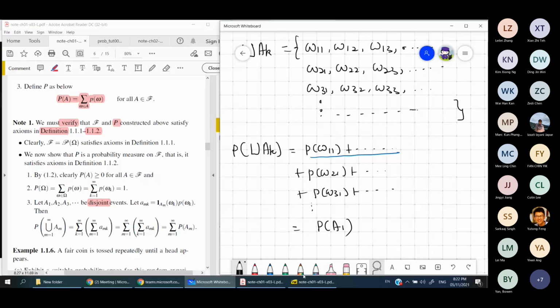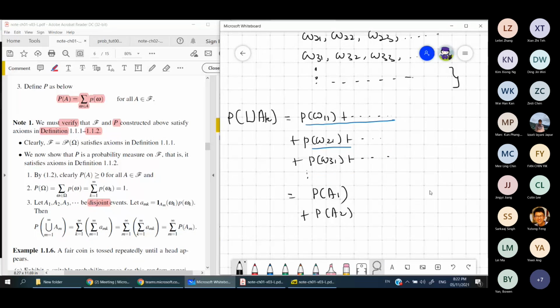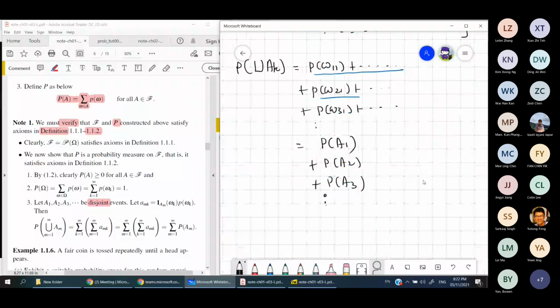And the second line will be just equal to P of A2 and so on, plus P of A3 and so on. So all this, if we use a symbol, will be just equal to summing all the P_k, k running from 1 to infinity.